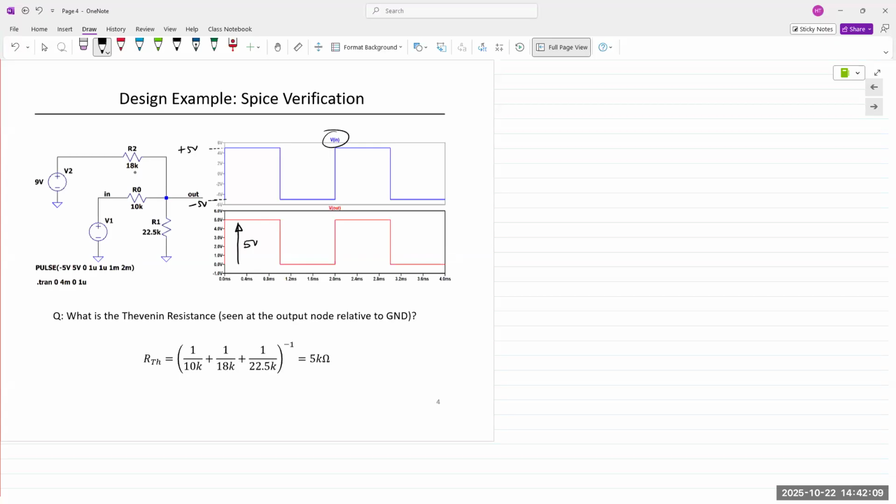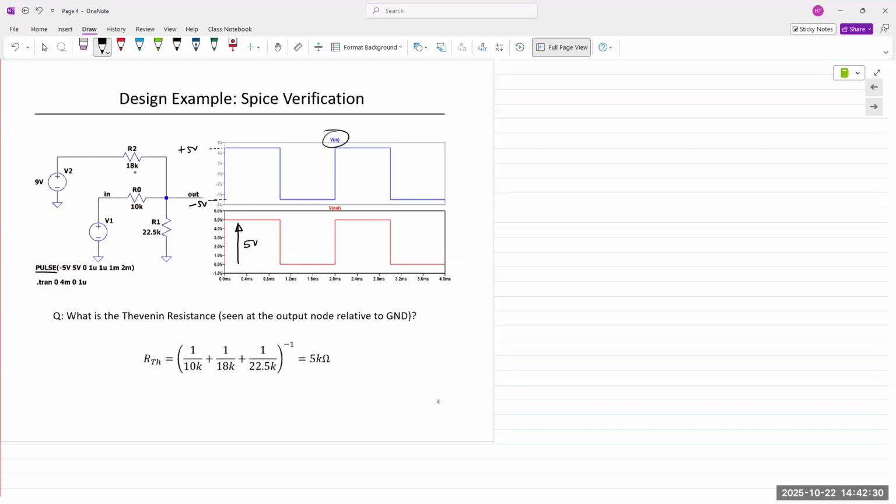The way we would design the input in LT SPICE is by inserting a voltage source, going into the advanced tab, meaning describing the voltage, and choosing pulse.